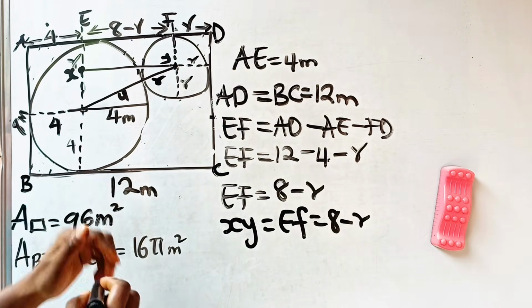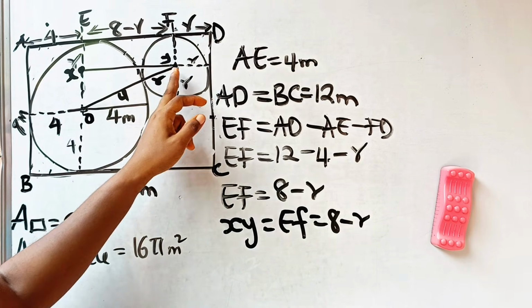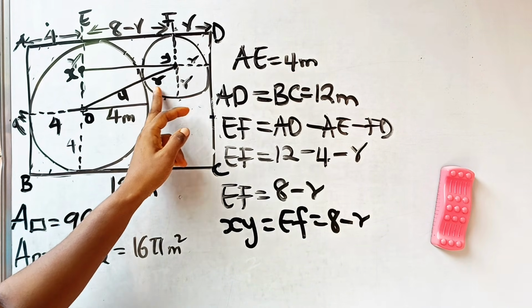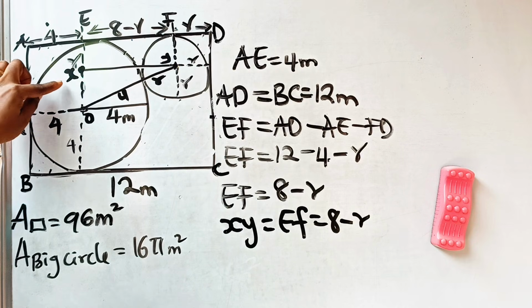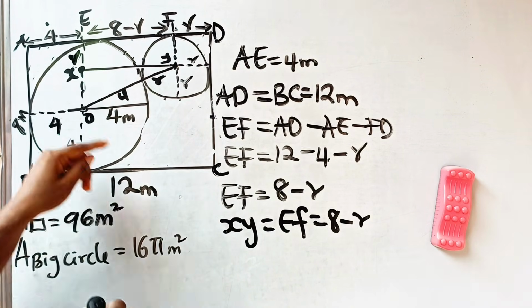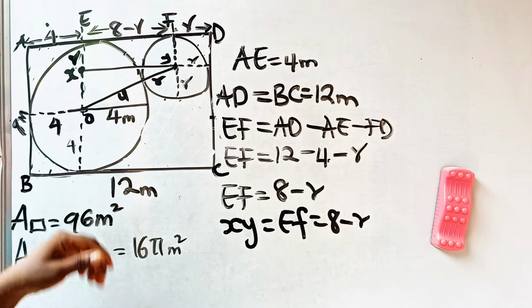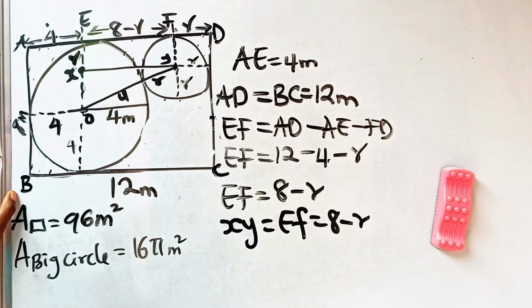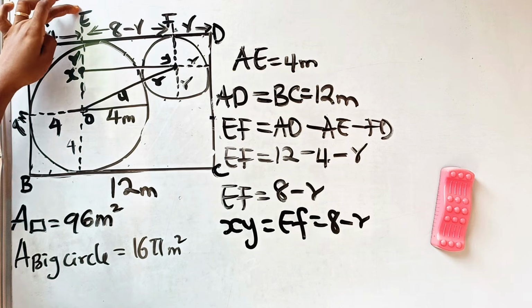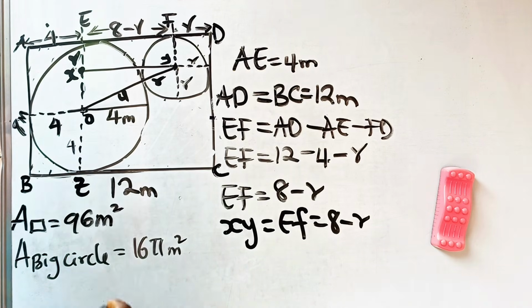So that means that this point, if we call this point O, it means that OY is equal to 4 plus R. Now let us find what we have here. Okay, let's find from X to O. Now note that AB should be equal to E, let's call this Z, EZ.